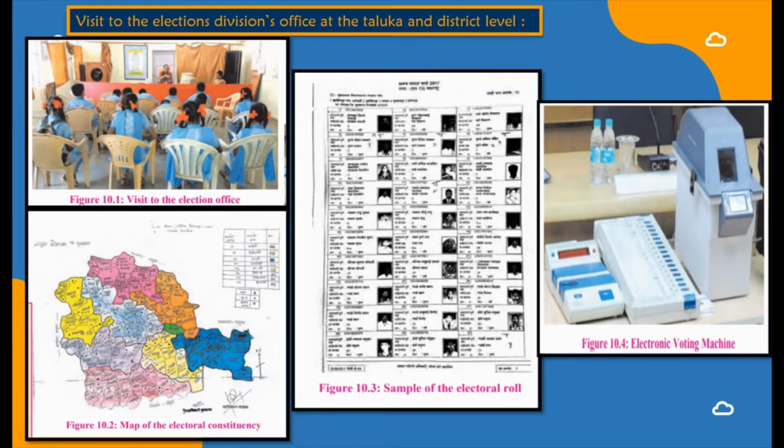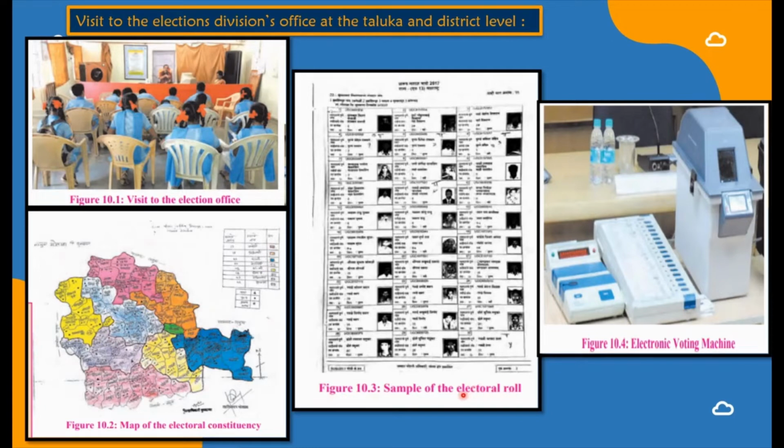Now students, as you can see here, figure 10.1 shows the visit to the election office. Figure 10.2 is a map of the electoral constituency. Now what is electoral constituency? It is the map of the electoral area or electoral district. Figure 10.3 is a sample of electoral roll.